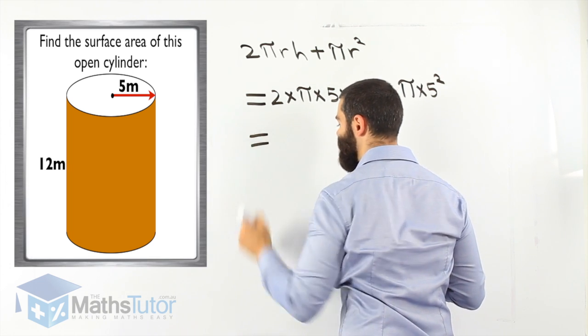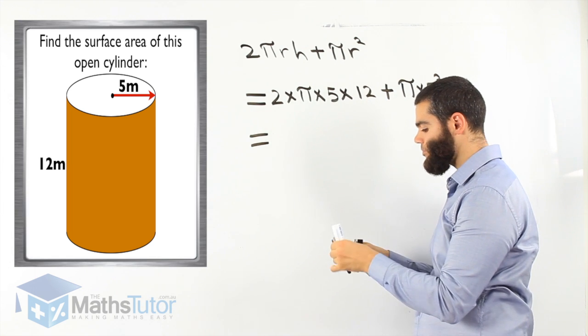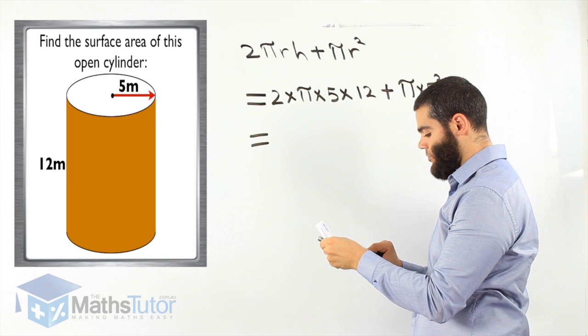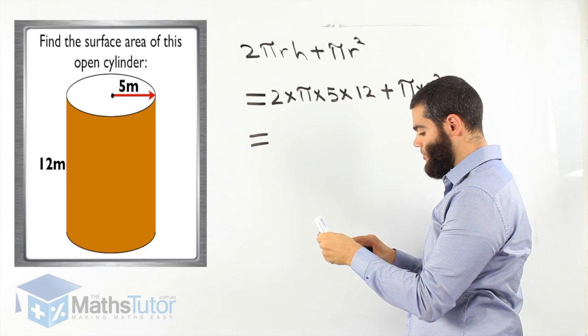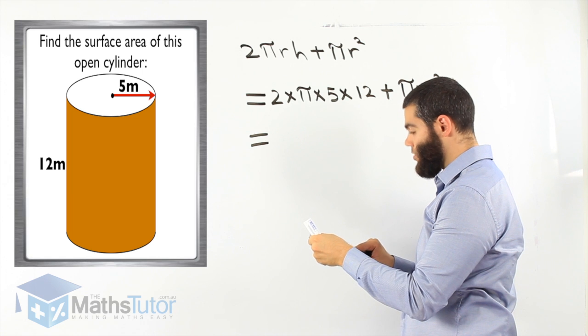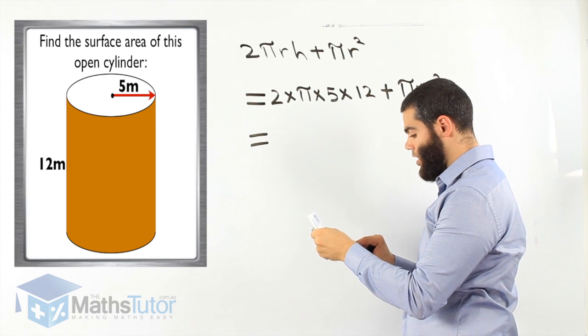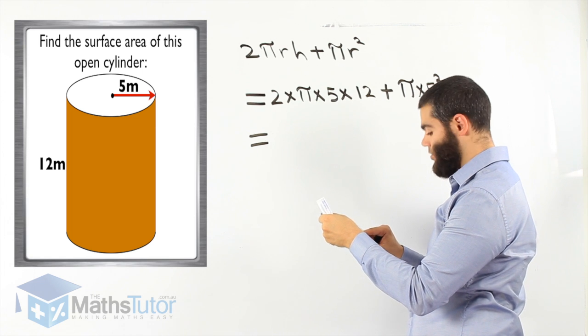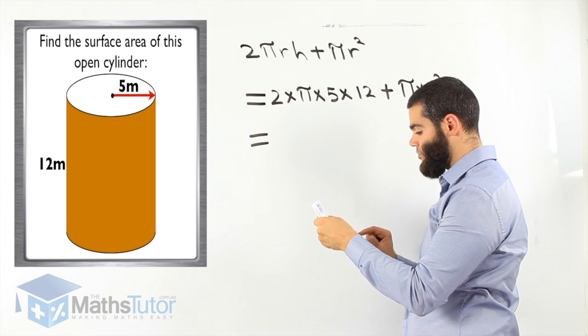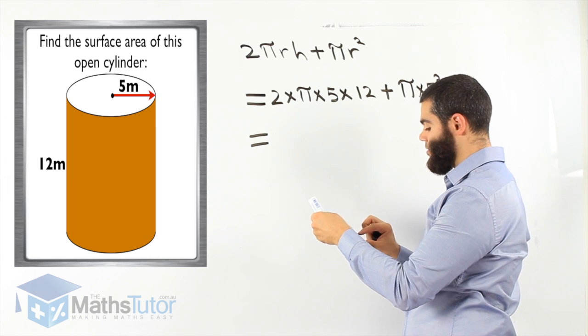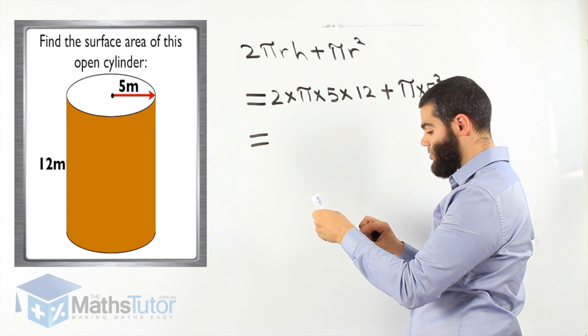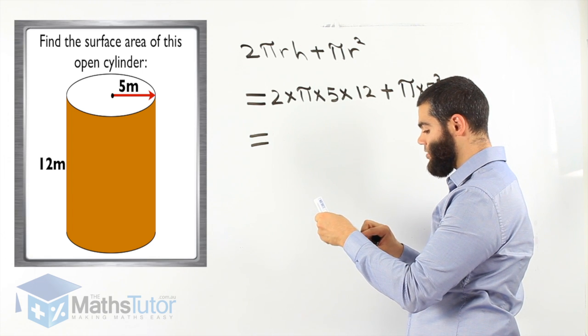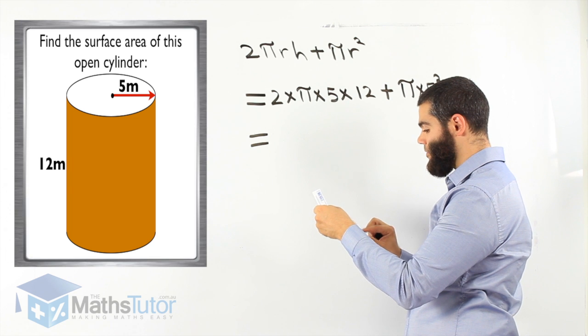Grab your calculator and let's do this one together. 2 times pi times 5 times 12 plus pi times 5 squared.